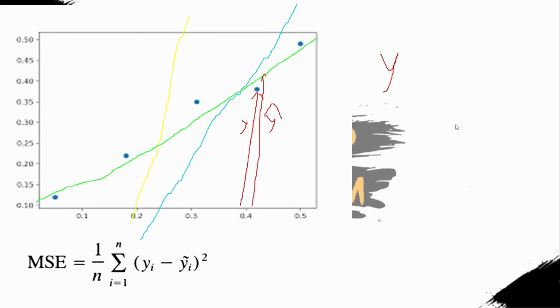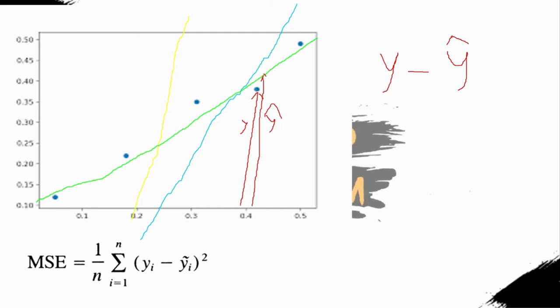Now, I want my y hat to be as close as possible to y. I hope it's all right till now. So, I want y to be as close as possible to this. So, I want this quantity to be as small as possible. I hope you are clear.